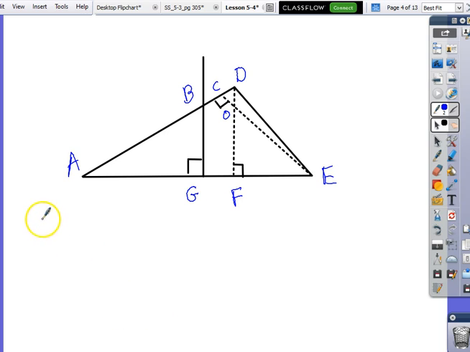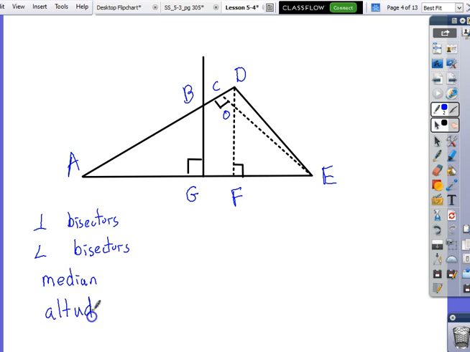So we've talked about perpendicular bisectors. We've talked about angle bisectors. We have talked about medians. And we have talked about altitudes. There are some key components that each one of them has. A perpendicular bisector has a right angle and a midpoint.